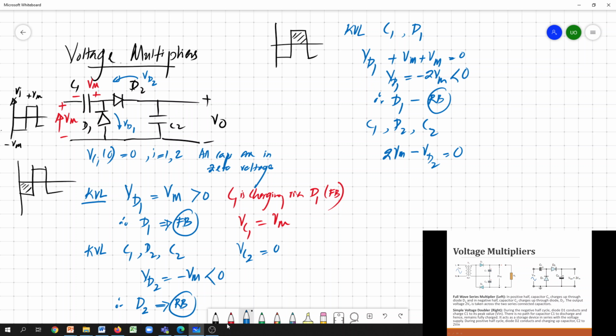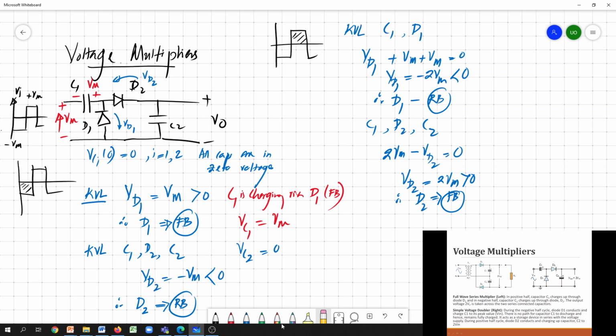So once you apply Kirchhoff voltage law, we can basically get Vd2 equals 2 times Vm, which is greater than 0. So from this we can say that D2 is simply forward bias.